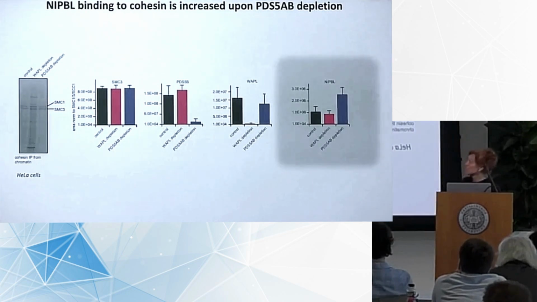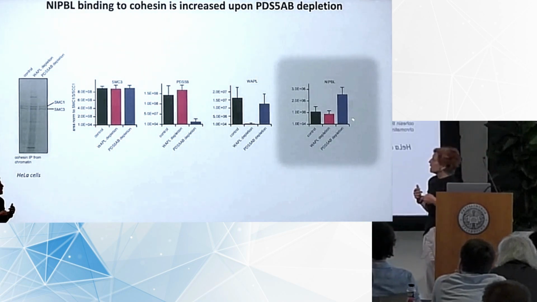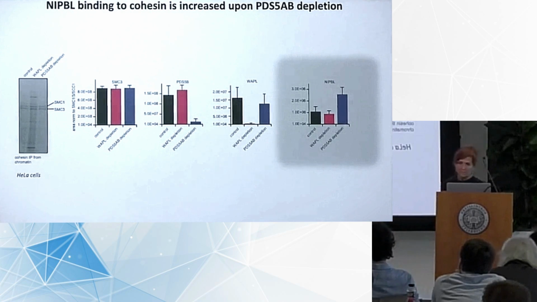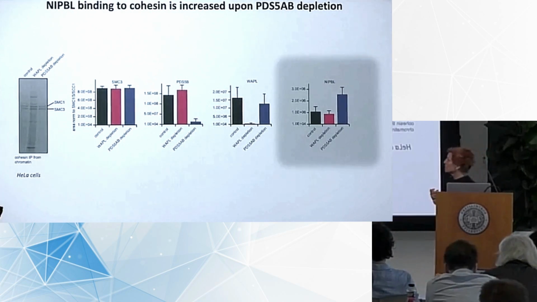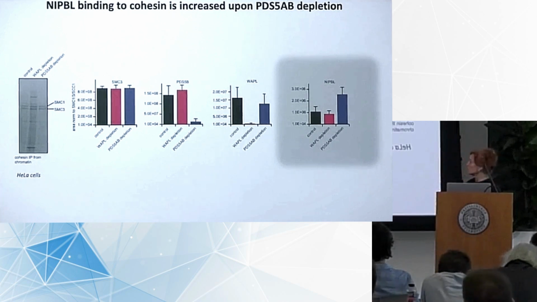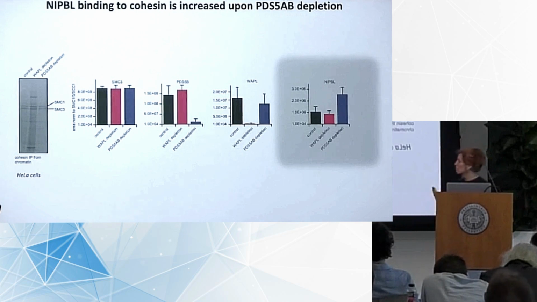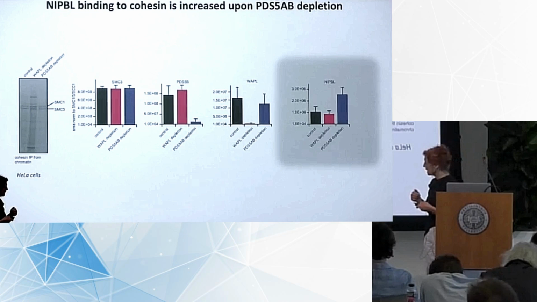The interesting thing is that we could see more NIPBL bound to cohesin complexes resulting from PDS5AB depletion compared to WAPL depletion or the control, two to three times more. So we believe that we now have more cohesin complexes occupied by NIPBL.